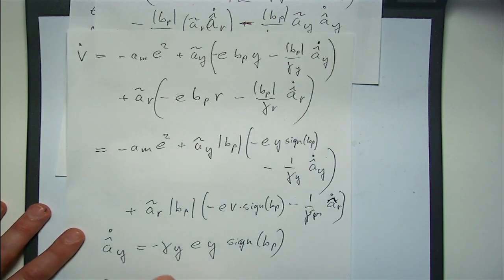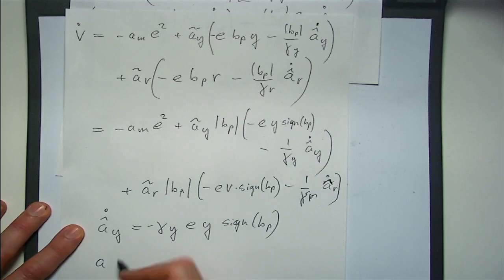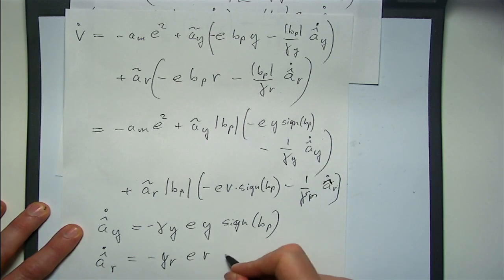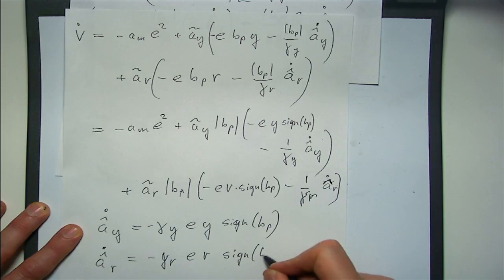Next one is AR hat dot minus gamma R ER signum BP.